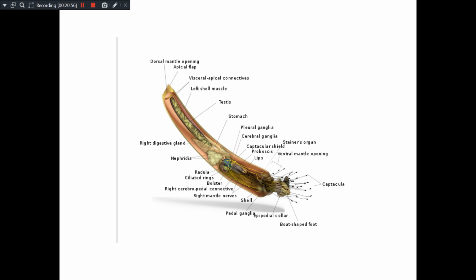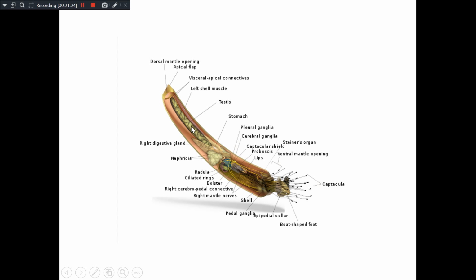See, this is how it appears. This is the larger end where the mouth and foot project outside. This is the apical end, small. Here you can see the captacula, a number of captacula. The outermost is the shell, and here you can see the nephridia.